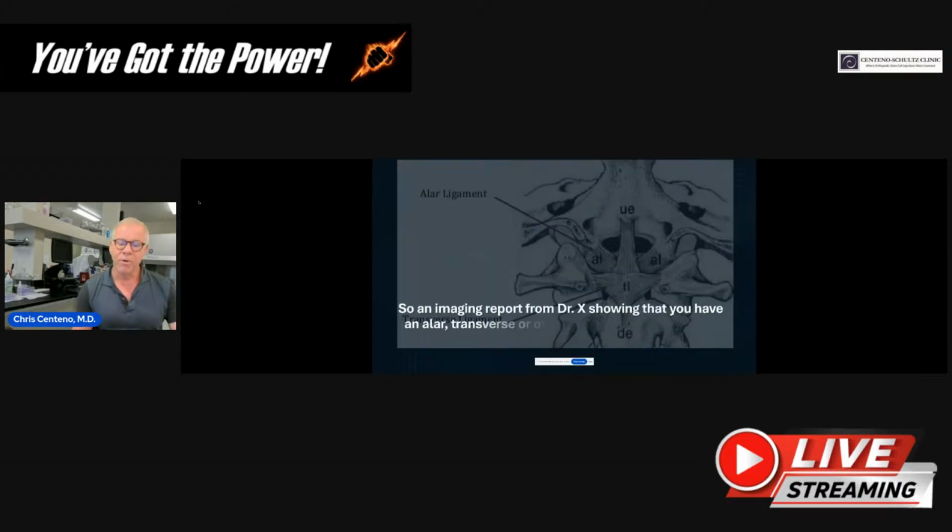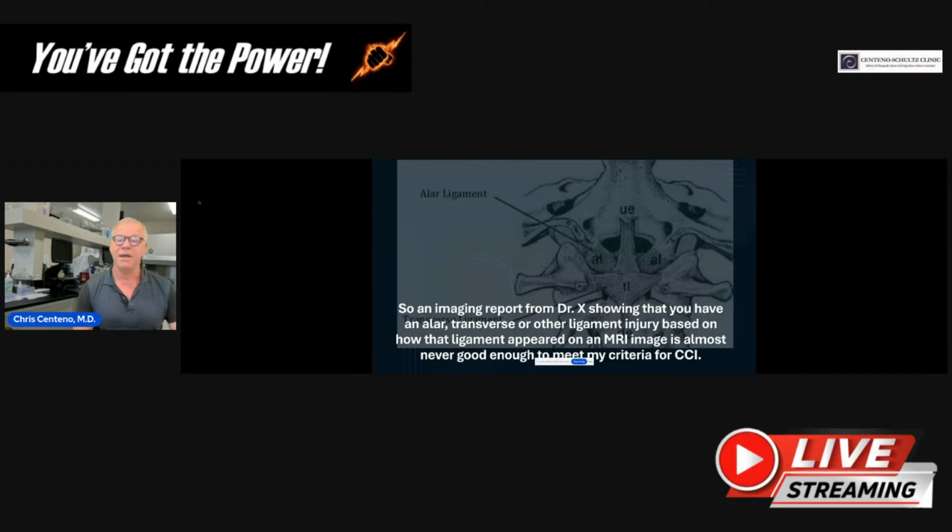So an imaging report from Dr. X showing that you have an alar, transverse, or other ligament injury based on how that ligament appeared on the MRI image is almost never good enough to meet my criteria for CCI. And this really, I think, confuses a lot of patients.